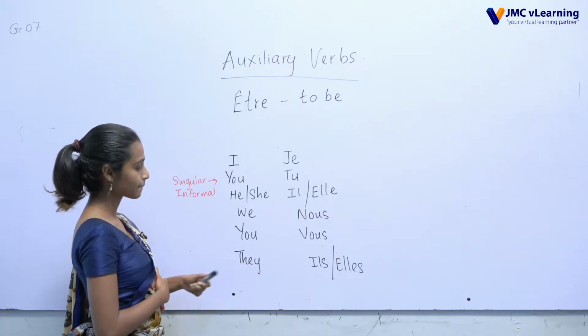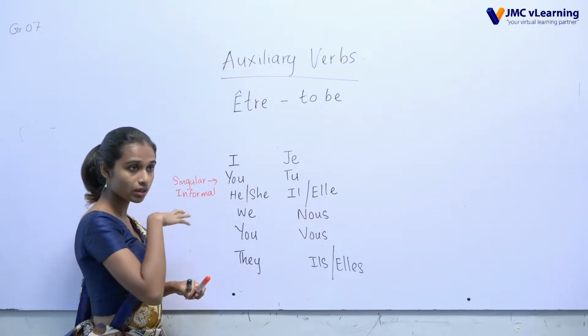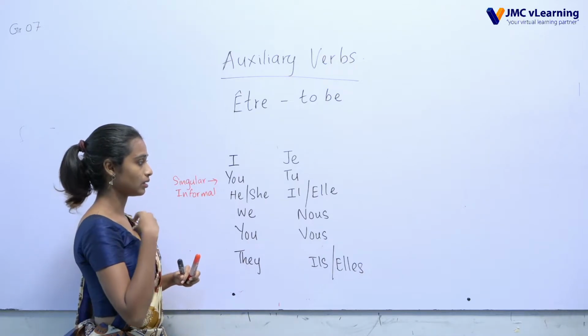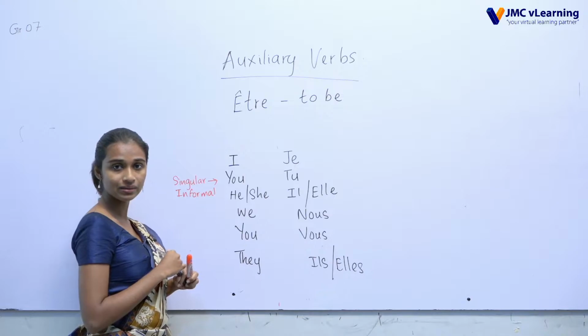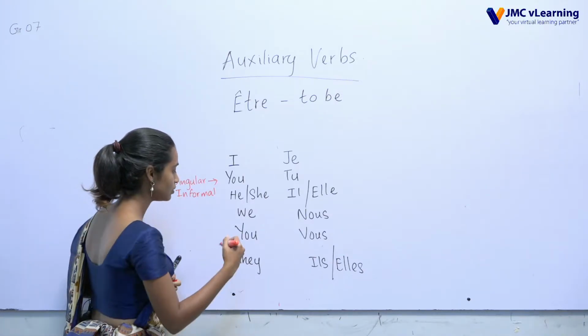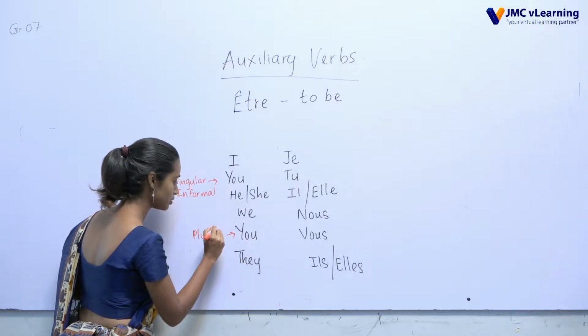And then vous is used when you are talking to a group of people, more than one person. If there is more than one person, you have to use vous when you want to say you. So, in plural form of speech, you use vous.